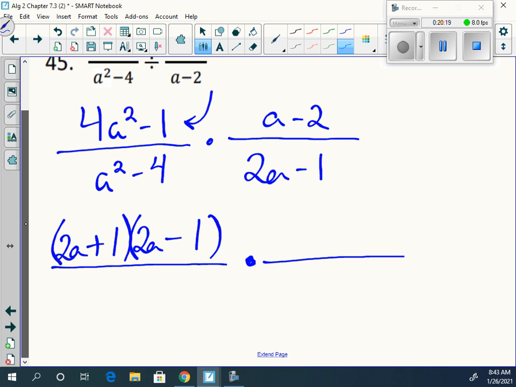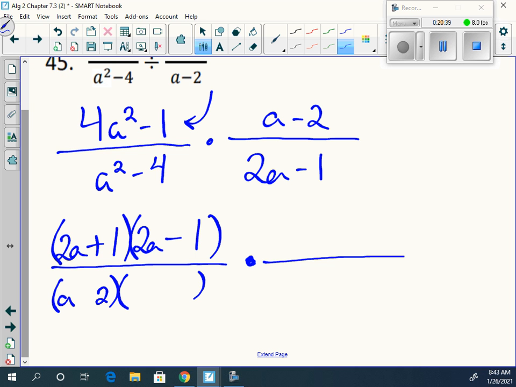Okay. All right, let's look at the denominator. A squared minus 4. So A squared and 4, well, those are perfect squares again, yes?